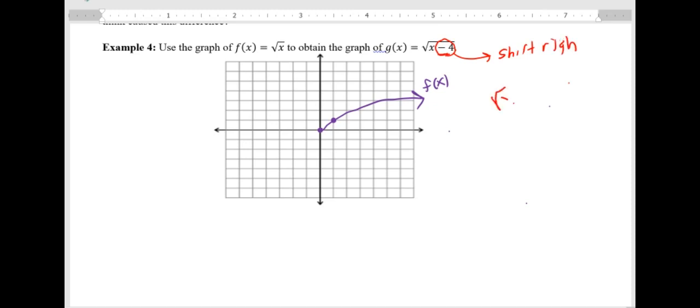You don't want to get it confused with this, right? If the negative 4 is outside, then we would say that it's going to shift down. But since it's inside the square root, we're going to shift to the right. So if I take this middle point here, I'm going to go over 4 units, 1, 2, 3, 4. And so my graph will look something like this.